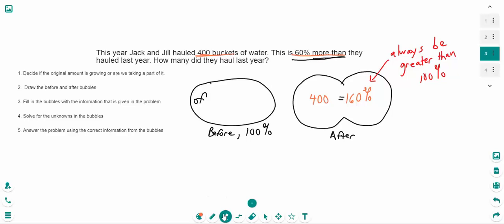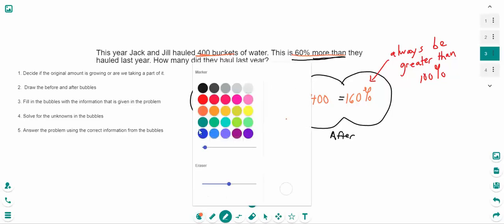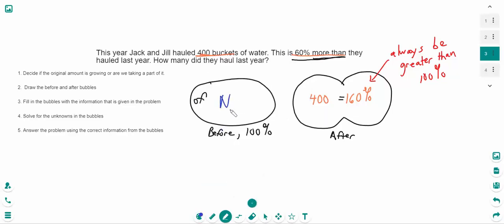So the only unknown in this case is this guy right here. We're going to call it n0 again. Everything else we've figured out. This is the only unknown. So let's write this out as an equation. We know that 400 is equal to 160% of, meaning multiply, n0.